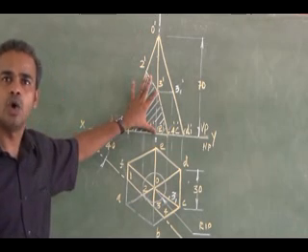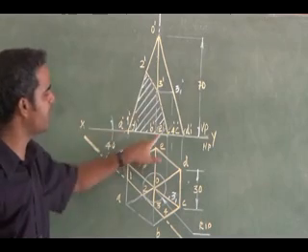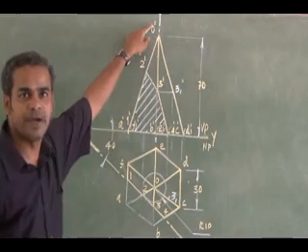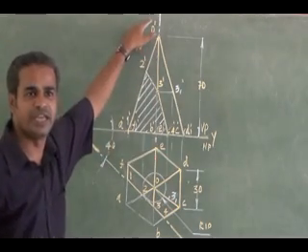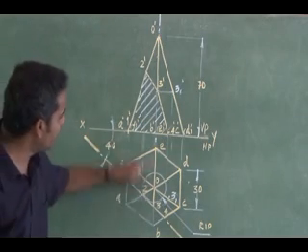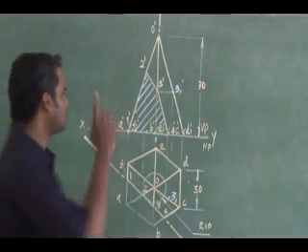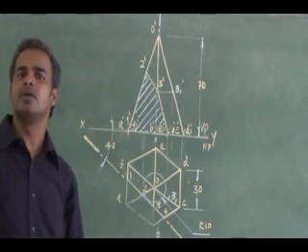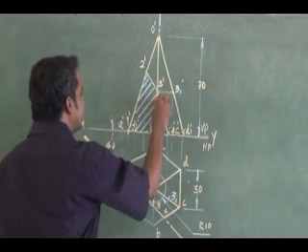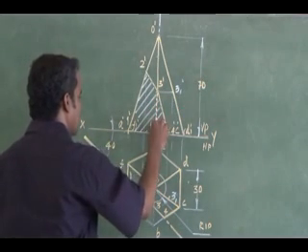I will have one more edge, slantage. What is that? OE. I have here OB and OE. OB is removed, partially removed. I will have OE, which is hidden. The OE slantage is hidden. That will be shown in the sectional front view as a dotted line. So this portion will be shown as a dotted line.